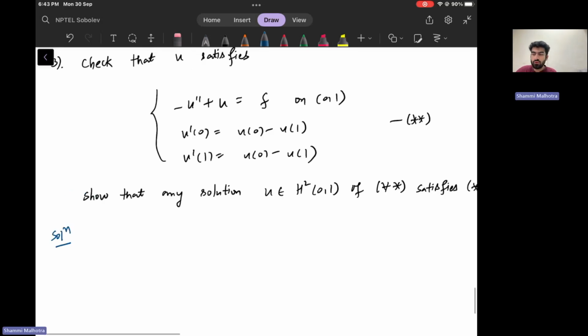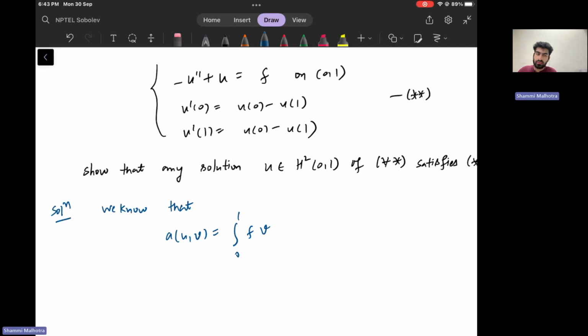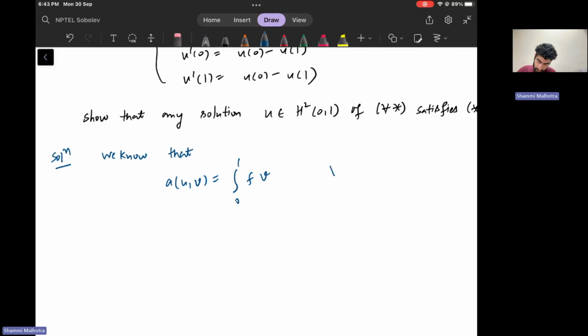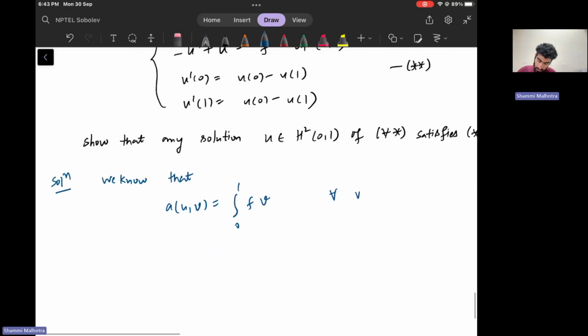Since we already got u lies in H^2(0,1), and already we know a(u,v) is equal to the integral from 0 to 1 of f v. So this was there, but we also know that this holds for all v in H^1(0,1), so we will use this type of idea.